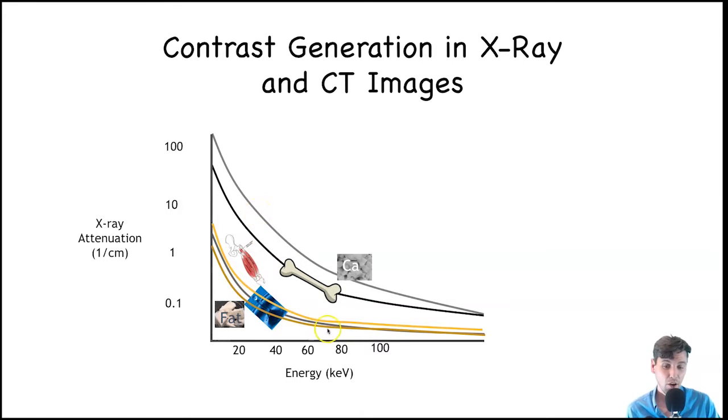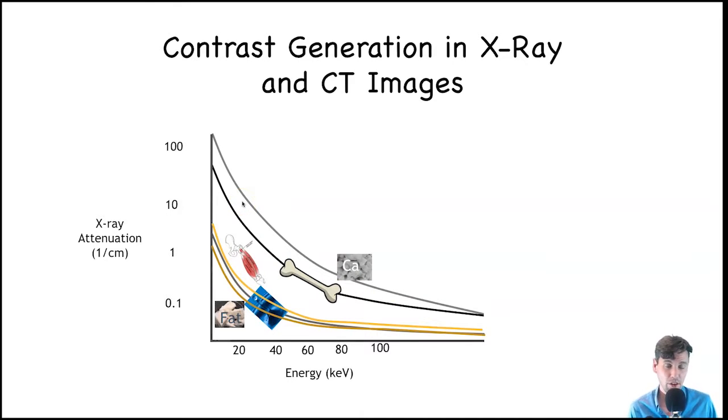Another thing we want to note here is that fat is less dense than water, and for that reason it has a lower X-ray attenuation. Then we have water, then we have muscle, and muscle has a little bit higher X-ray attenuation than water. And then we have bone and calcium, for instance, here.